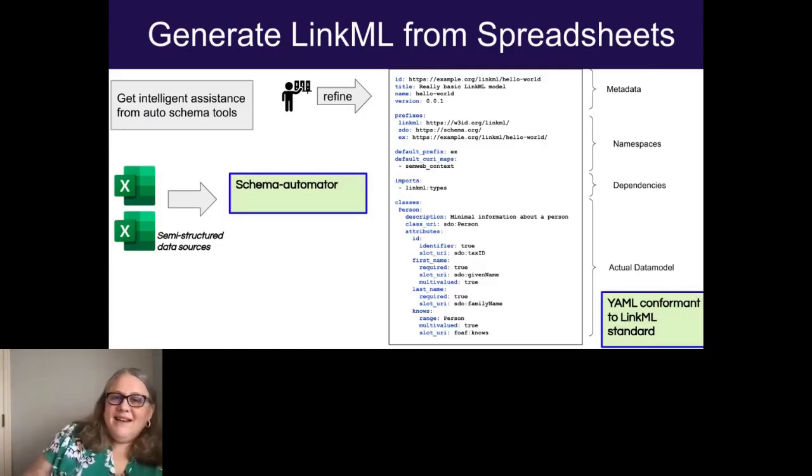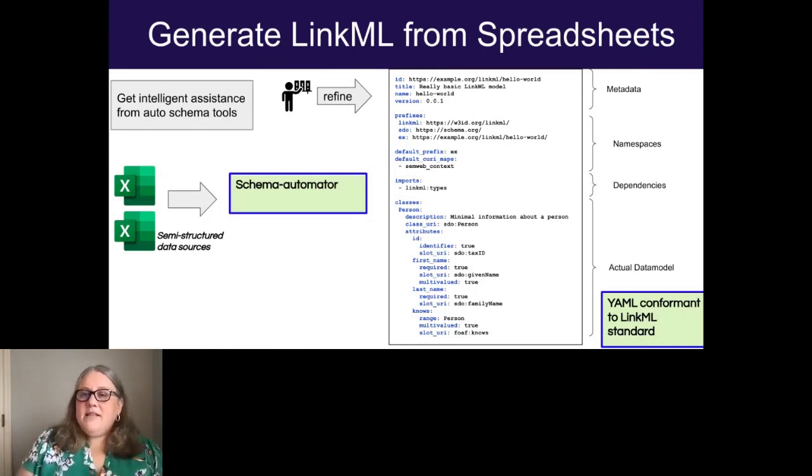And this is not an easy process to automate. So I would encourage you to try it out if you had a bunch of models that you wanted to make from spreadsheets or from JSON schema. They can also be run through the schema automator, but use it as a baseline and then annotate as you see fit going forward.